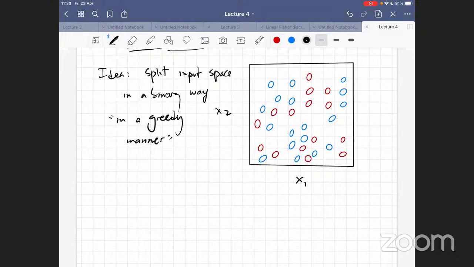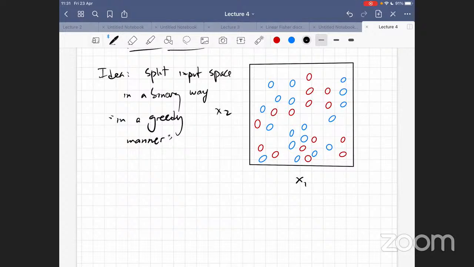So you are optimizing the cut, if you want, based on the current state of the system, regardless of the history of the procedure. In a greedy manner, it's an iterative way where at each step you take the best possible path. It doesn't necessarily have to be the optimum one in the long term, but it is the optimum one in the immediate term.